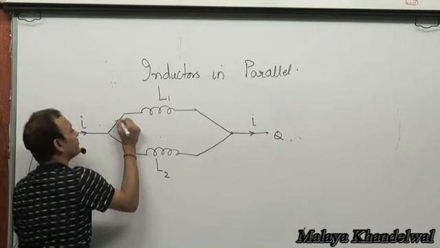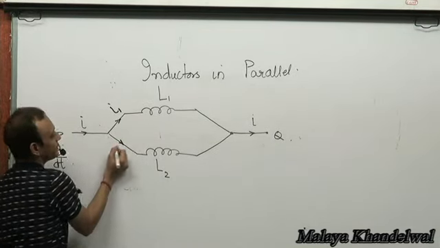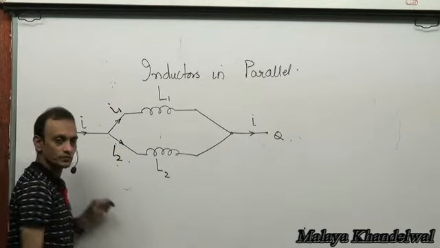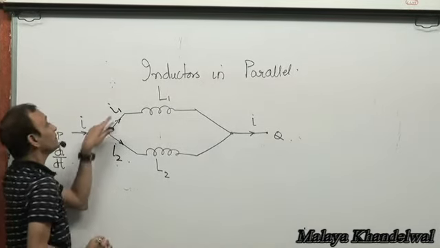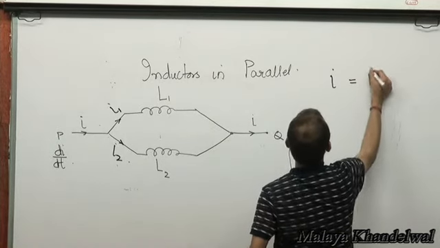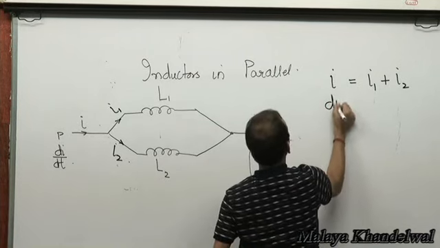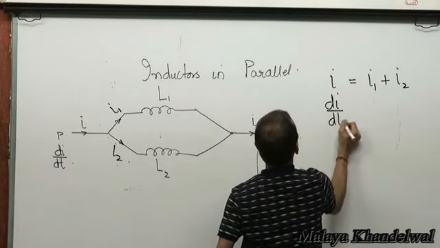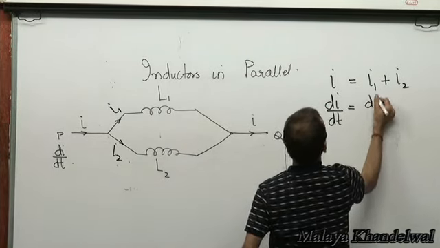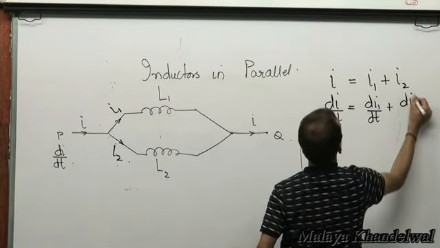This I gets bifurcated into two currents, I1 across this and I2 across this. The I then is I1 plus I2, Kirchhoff's law. So di/dt is going to be dI1/dt plus dI2/dt.